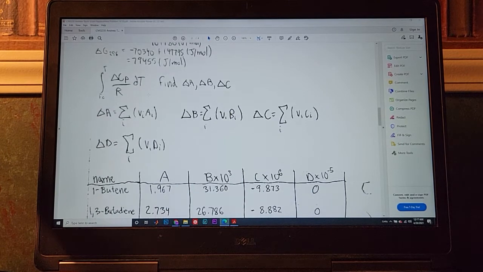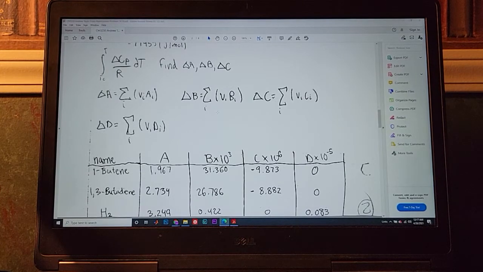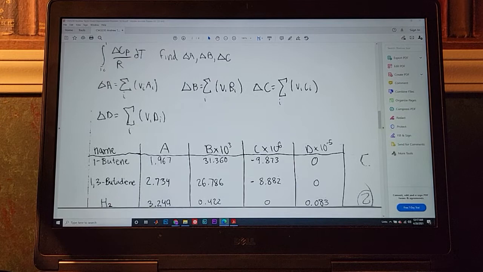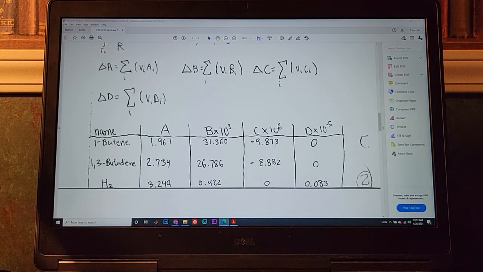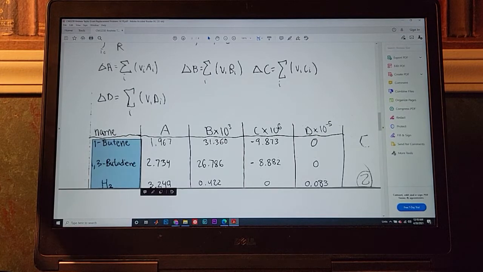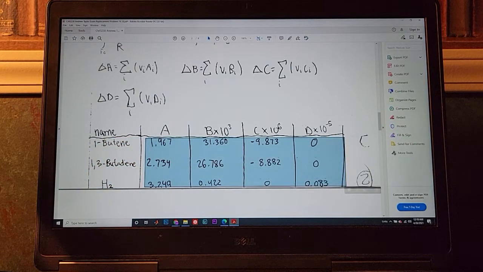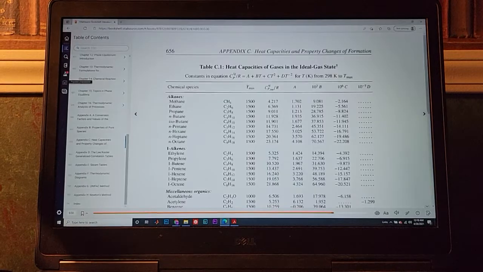And then you see for the next part, we need to find delta A, delta B, delta C, delta D. And we can see here below that I have the names of the species listed with all the values of A, B, C, and D, which are found in table C1 in the textbook.